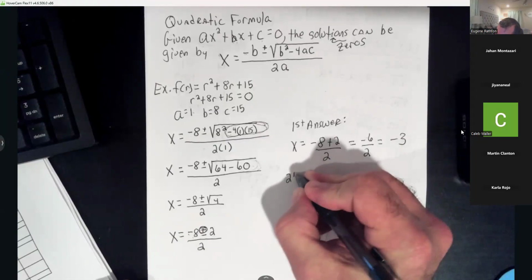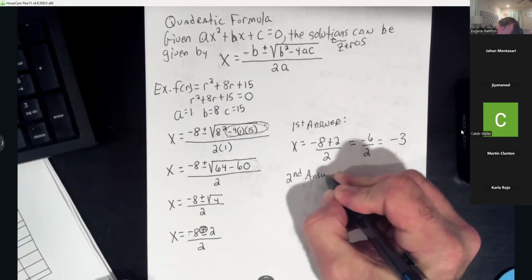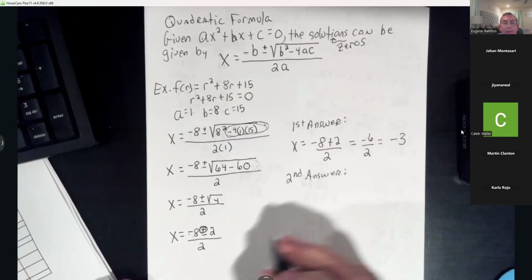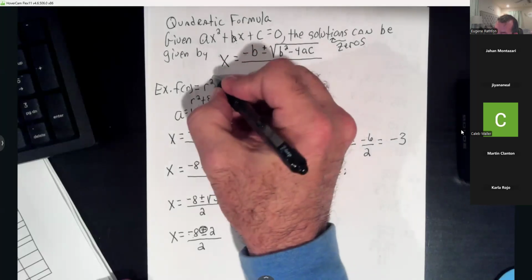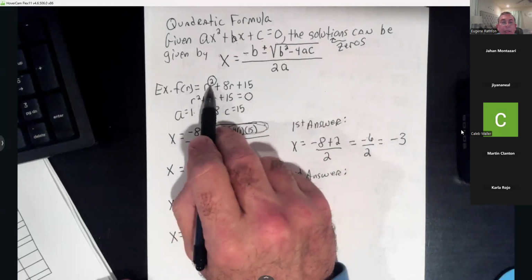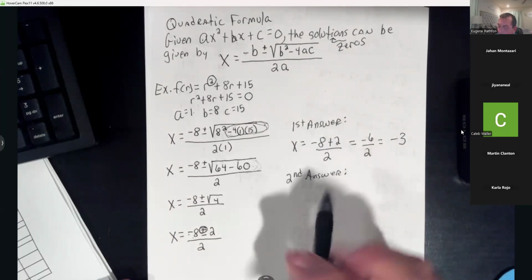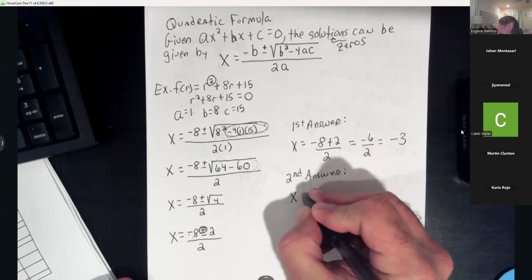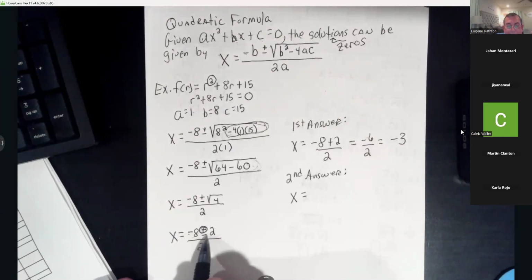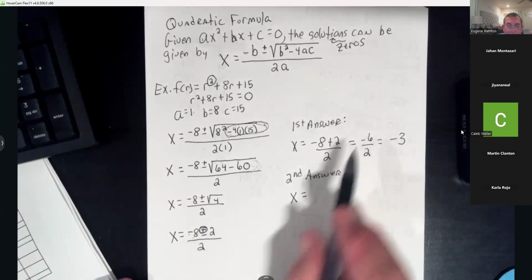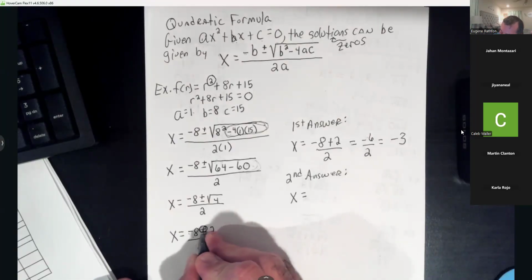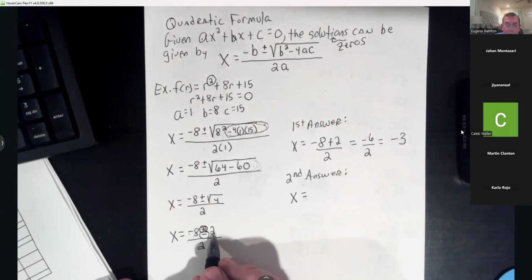All right, let's get our second answer. And y'all, let me tell you this. When you're solving equations, the highest exponent in the equation tells you how many answers you got to get, okay? Now, since I added that to get the first answer, I'm now going to go through and subtract my 2.